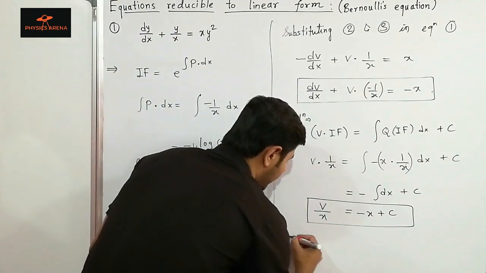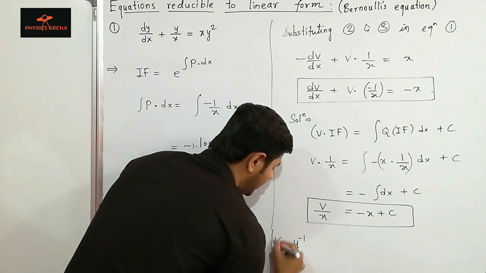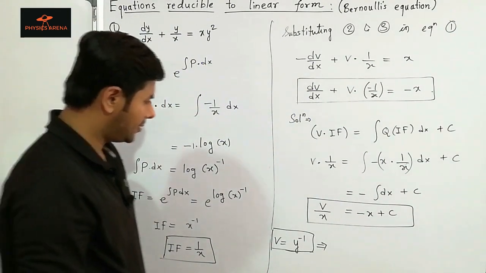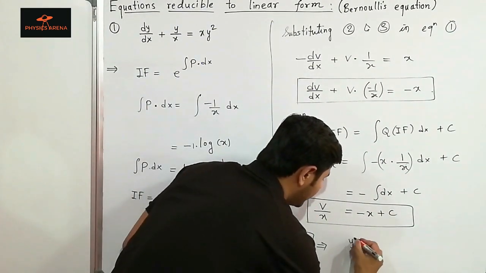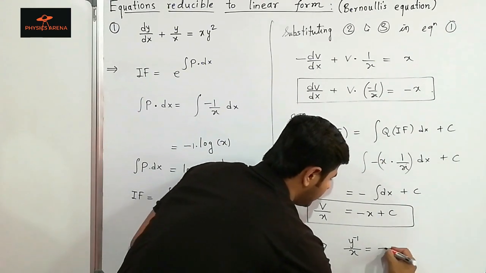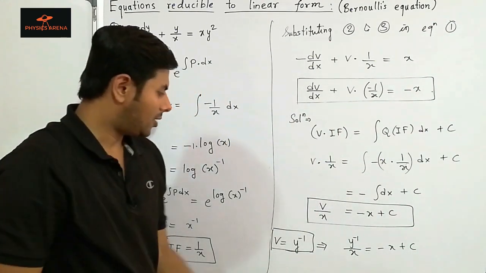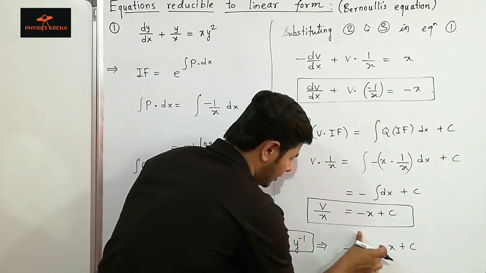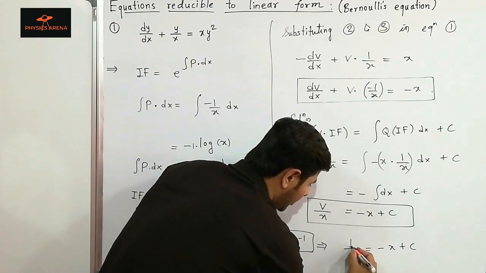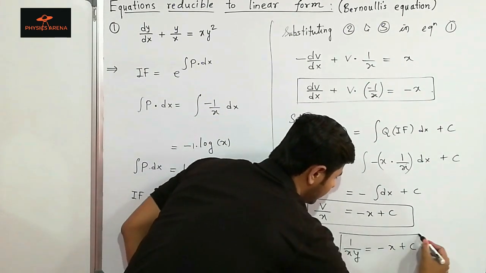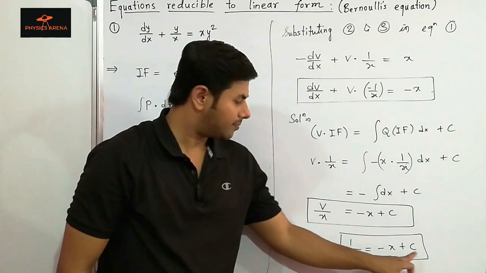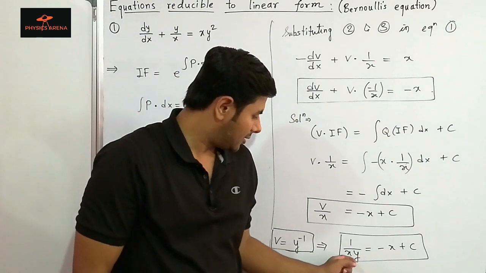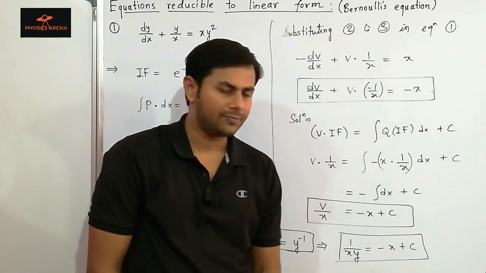Since v equals y raised to minus 1, this implies that y raised to minus 1, or 1 over y, over x equals minus x plus c, so I can write this term as 1 over xy equals minus x plus c. So this is the solution of the differential equation in terms of x and y.